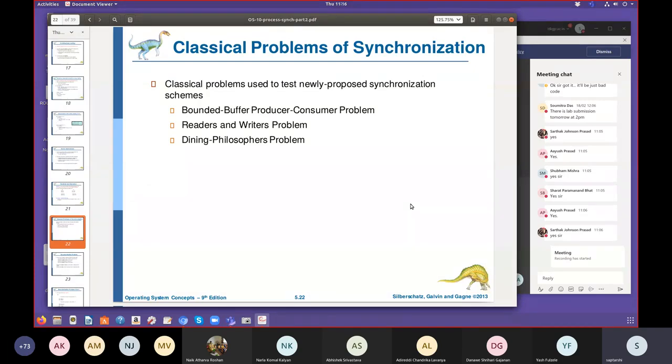Then the first thing that they should do is to prove that their solution works correctly for these classical problems. The word benchmark is kind of familiar. In many problems, there are benchmarks where if you come up with a new solution, you have to first show that your solution works correctly on that benchmark.